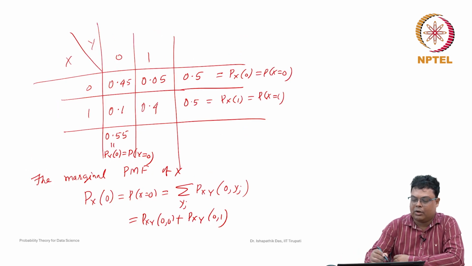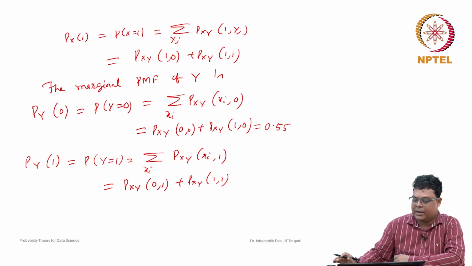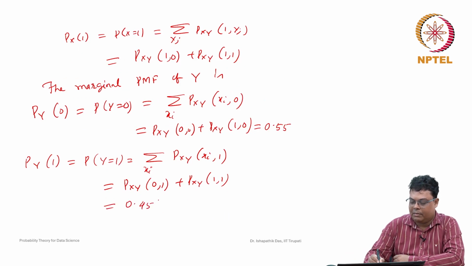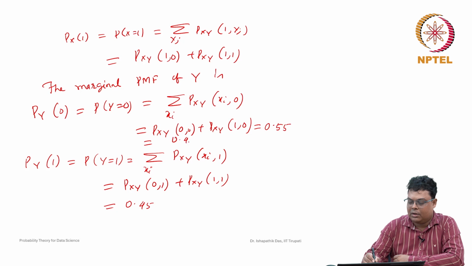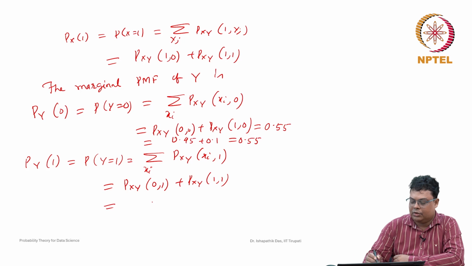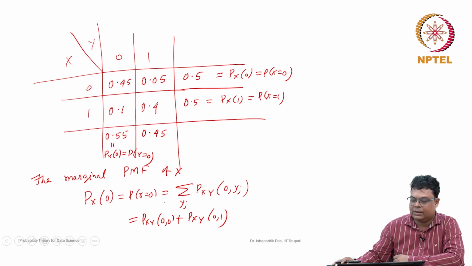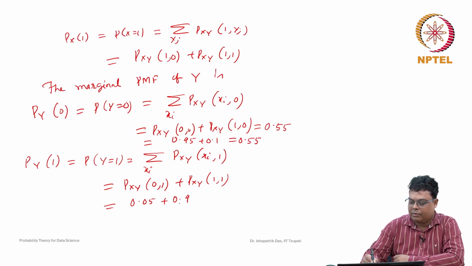You can see that p_XY of (0,1) is 0.05 and p_XY of (1,1) is 0.4, so it is 0.45.